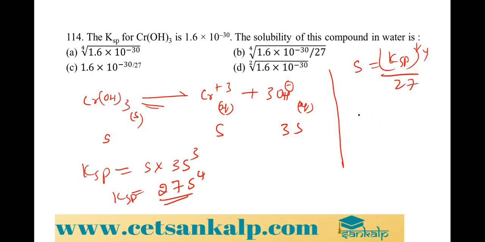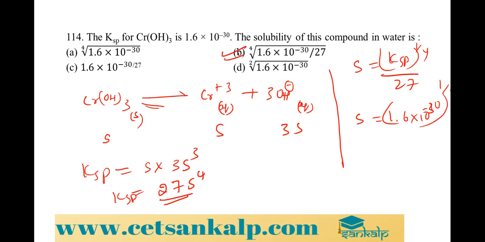So the answer will be solubility is equal to 1.6 into 10 to the power minus 10, minus 30 it should be, to the power of 1/4. Tell me which option it is.